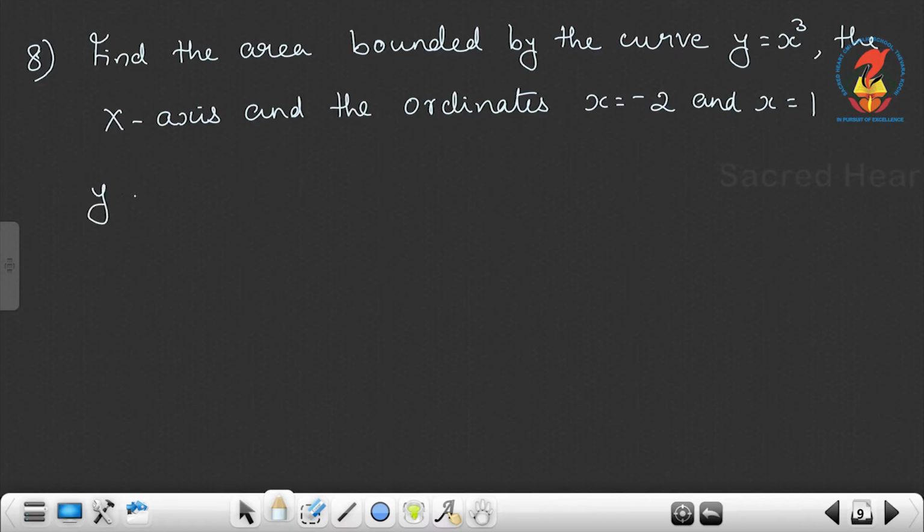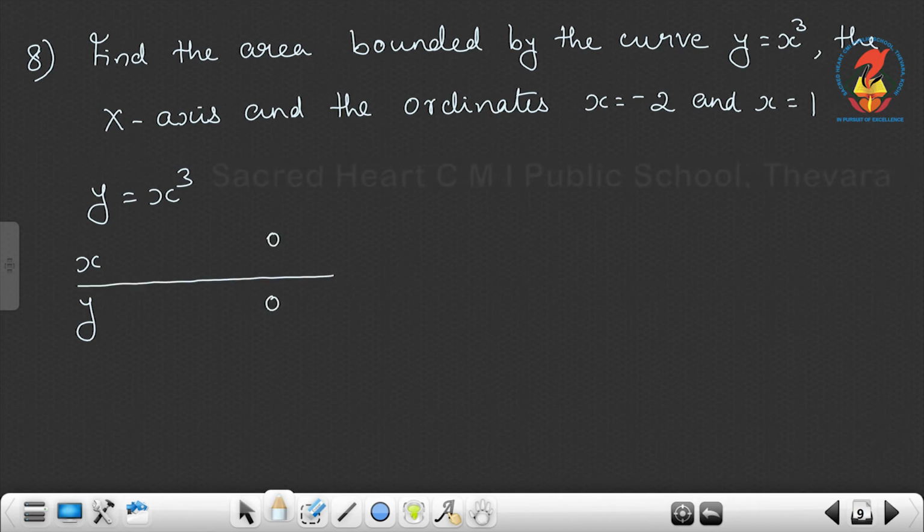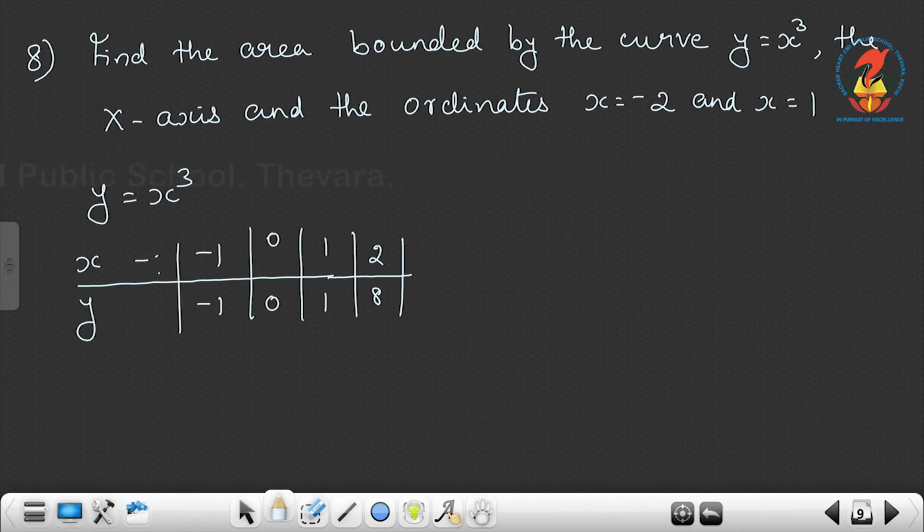Y is equal to x cube, in 11th standard you have studied y is equal to x cube, or you take the points. Positive and negative you have to take. When x is 0, y is also 0. When x is 1, 1. X is 2, 8. Then 3, 27 like that. Then -1, -1, -2, -8.